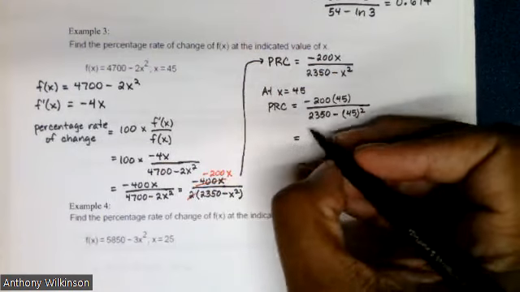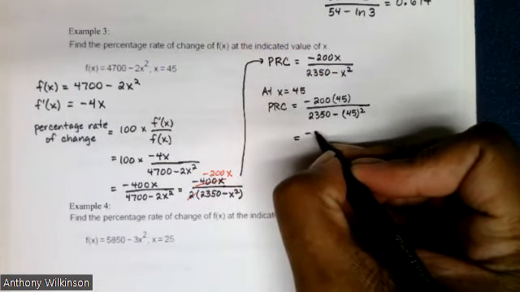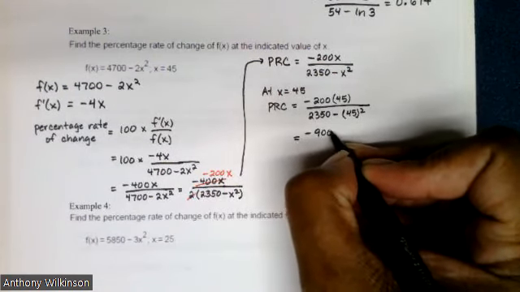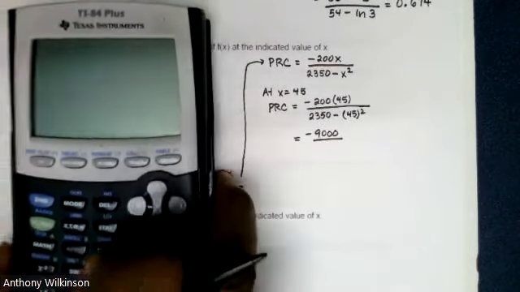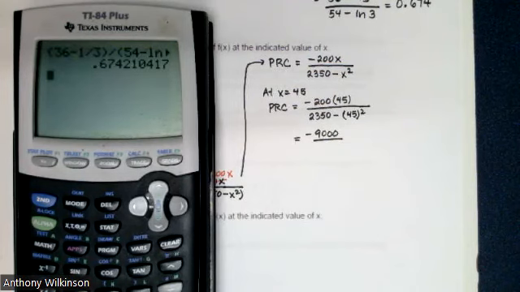Now, if I do negative 200 times 45, that would be negative 9,000 divided by, let's see, the denominator 2,350 minus 45, and that's squared.